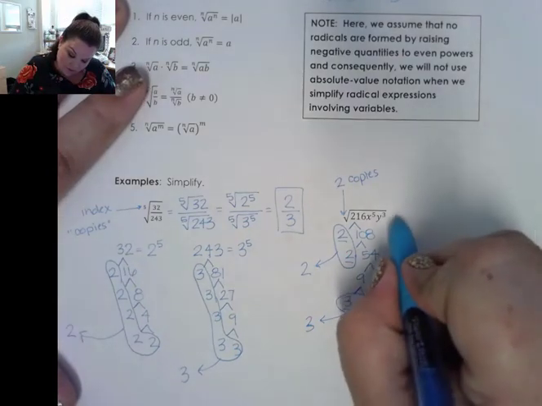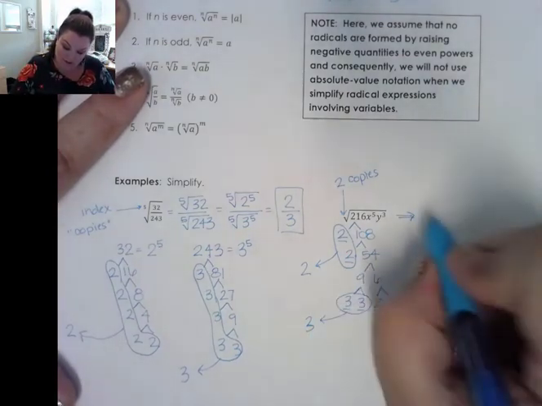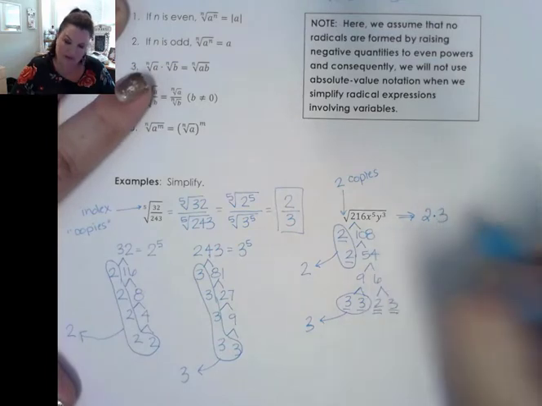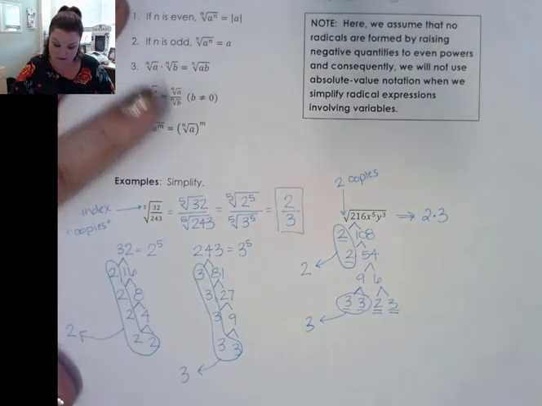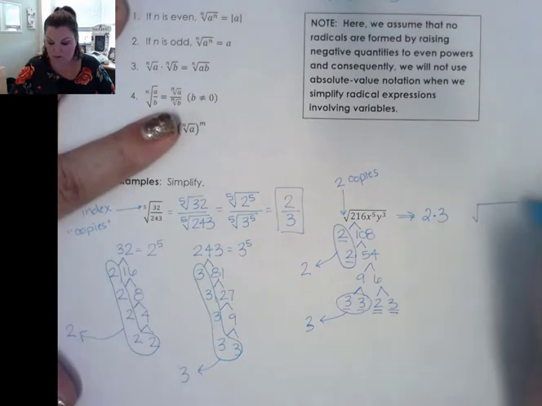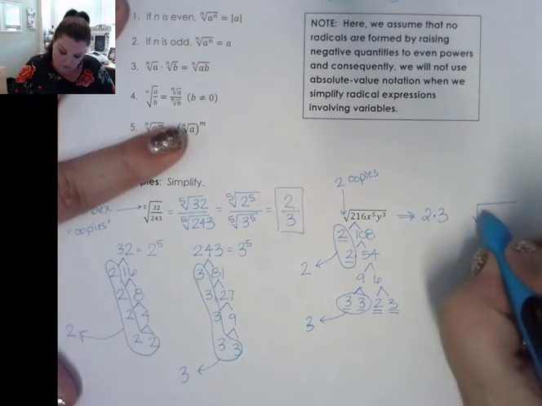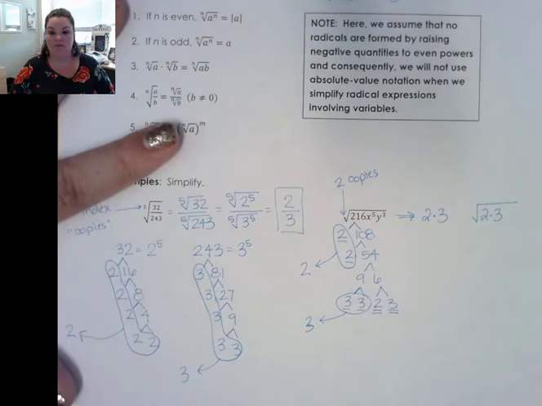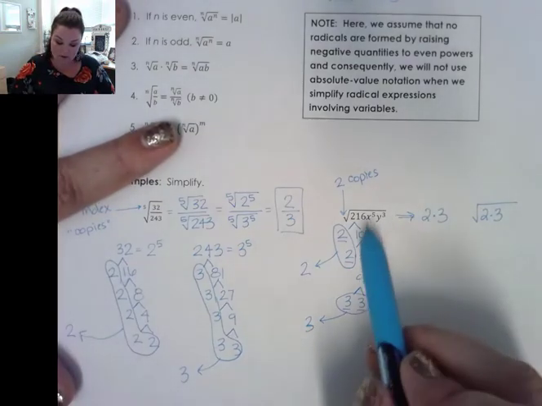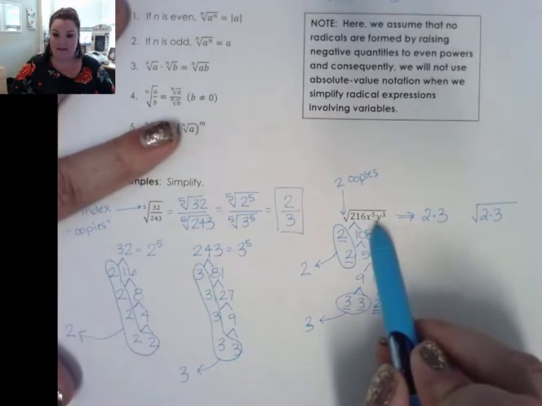So I'm going to go ahead and just write over here what I've done. I've brought out a 2, and I've also brought out a 3, so I'm going to be multiplying those together. And then underneath my square root, I also have a 2 and a 3 left over, right? And now I want to look at my x's and my y's.